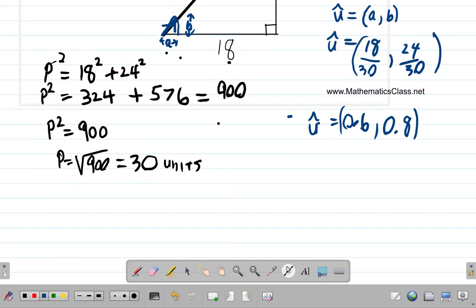Let us see what is happening here in terms of the unit vector. This is 0.6, this is 0.8. So this should be 1. So, is it really? This is the unit vector. Let's find the magnitude. The length or the magnitude, sometimes called the modulus, is represented by two vertical lines around the letter that represents the vector.